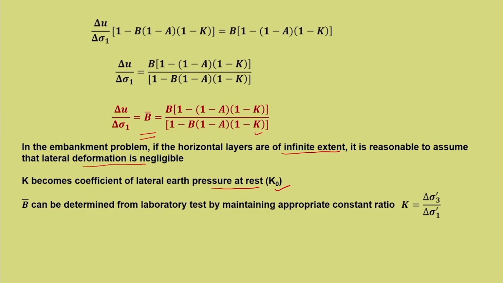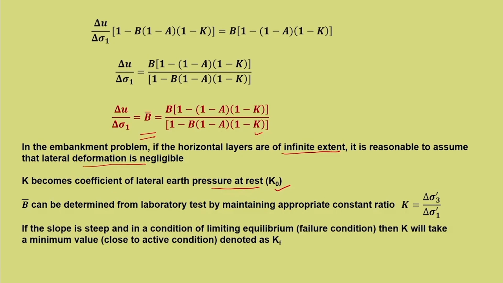And B bar can be determined from a laboratory test by maintaining the appropriate constant ratio K equal to delta sigma 3 dash by delta sigma 1 dash, which simulates the field condition. So if it is of infinite extent, it can be treated as K naught, or any other value of K which resembles the field condition.